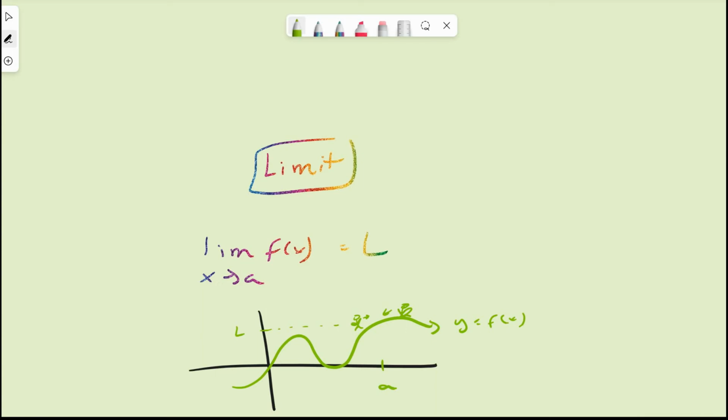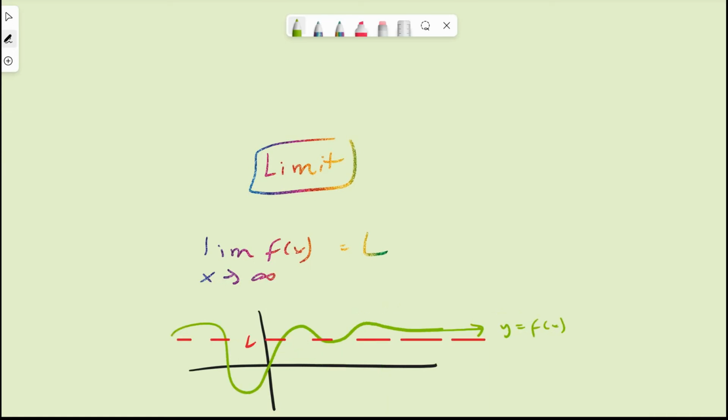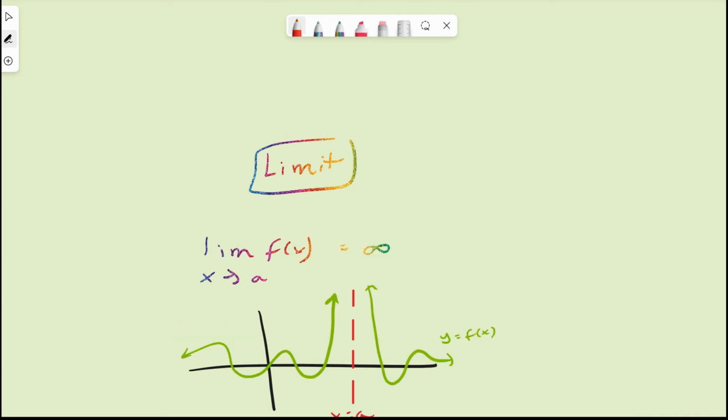This drawing is specific to L being a real number, but we could also have a limit being infinity, and we can have a limit at infinity. If we take the limit as x goes to infinity and that equals the number L, then it looks something like this, and we have a horizontal asymptote at L. If we take the limit of f of x as x goes to a and get positive infinity, then it might look something like this.